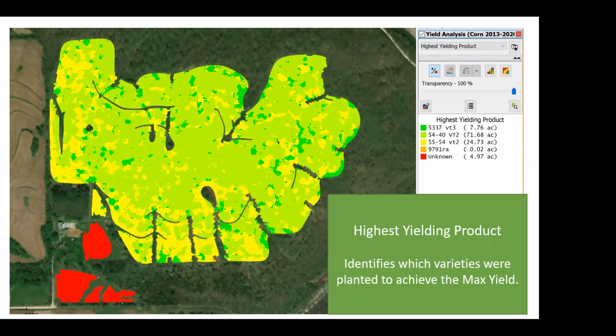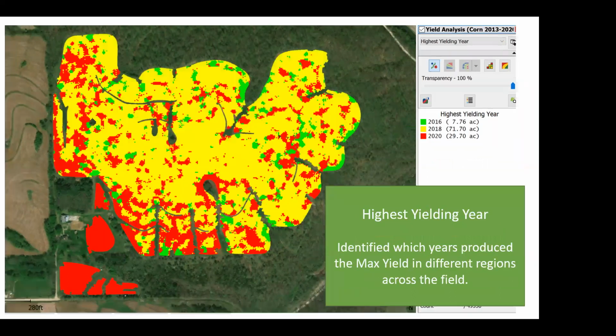We also have the highest yielding year. And so this is kind of helping you benchmark the year that was used that had the best yield, and you can kind of use this to help gauge the weather that was present that year. As I said, 2018 was a pretty good corn year for my region, my area of the Corn Belt, and so that kind of really shows here.